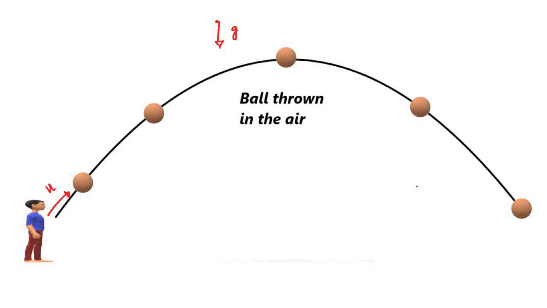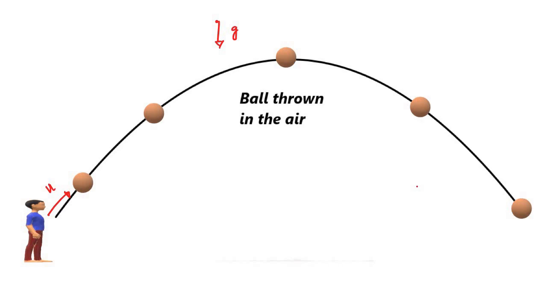So acceleration due to gravity acting downwards and the initial projection velocity determine the pathway followed by the ball, and finally it hits the ground.